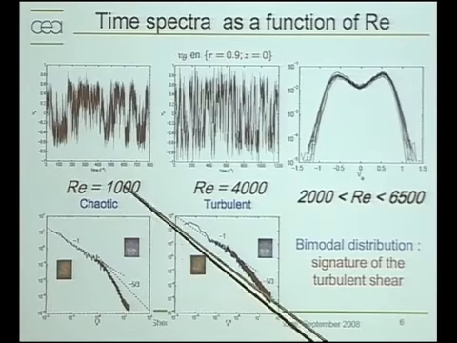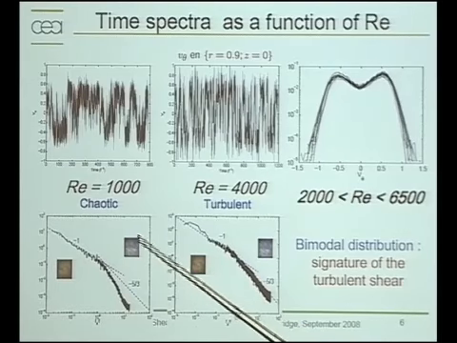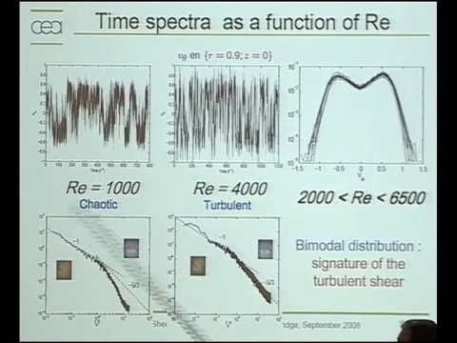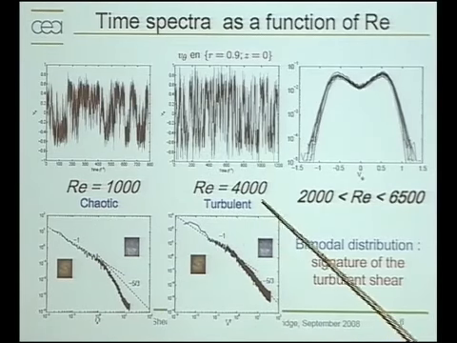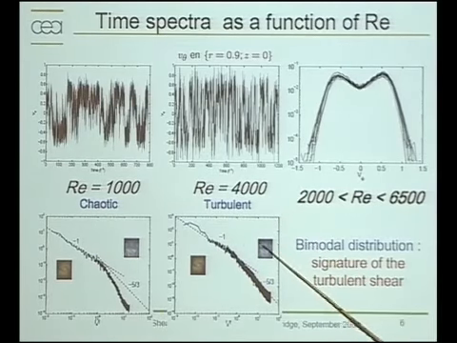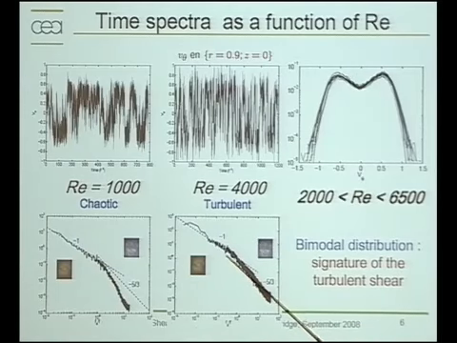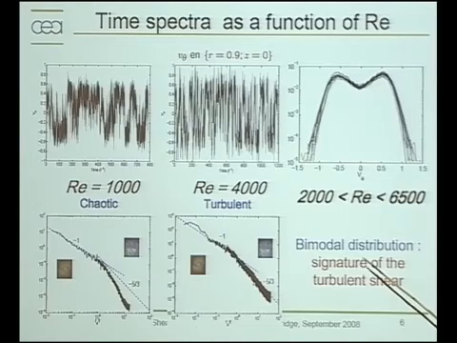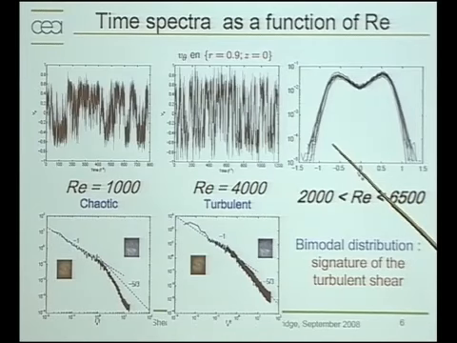You still increase your Reynolds number. Now you have this -1 power law on your temporal spectrum, but the flow is still not turbulent. You see, this is the -5/3 law. And if you increase to around 4,000, you get nearly this turbulent slope, the Kolmogorov slope.